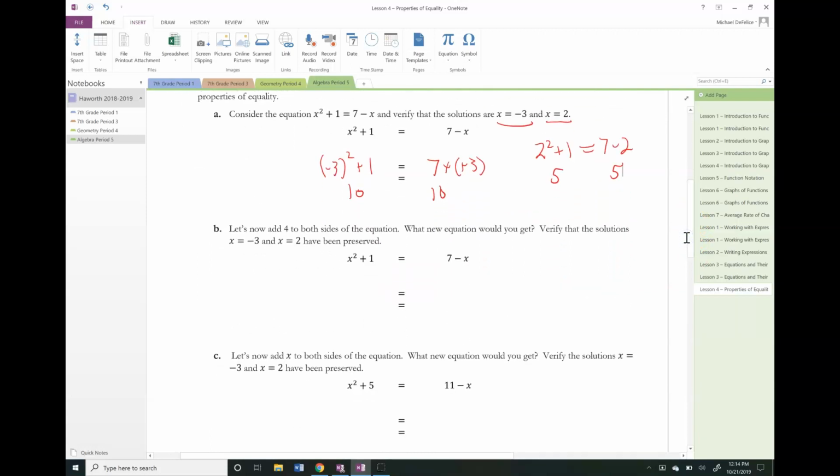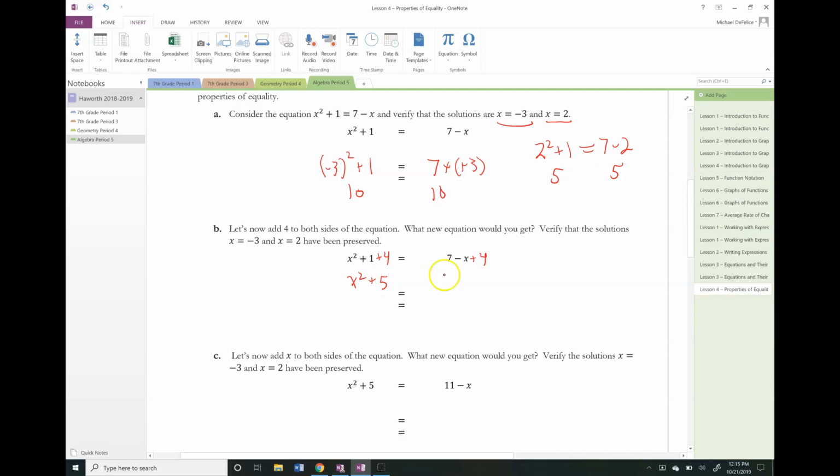All right, so now we're going to take our original equation and we're going to start doing things to it. The first thing is it's saying let's add 4 to both sides. This is going to give me a new equation, x squared plus 5.